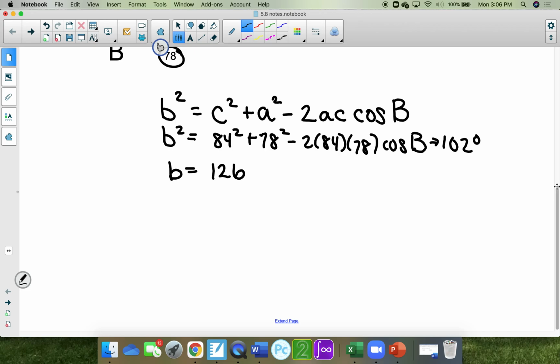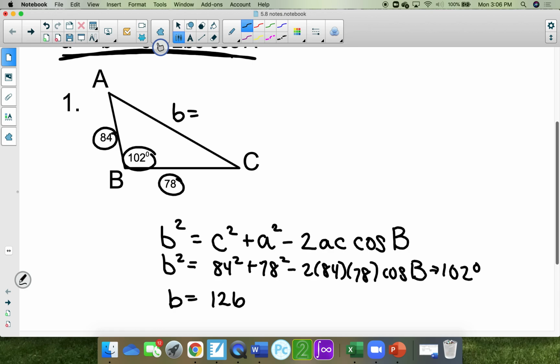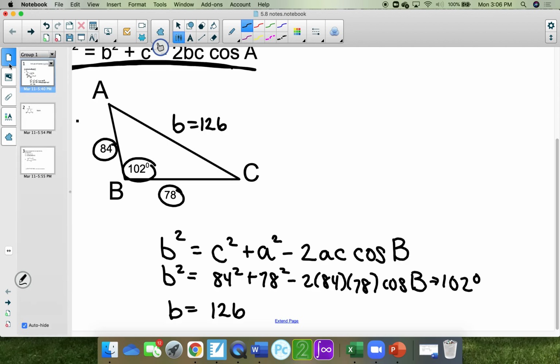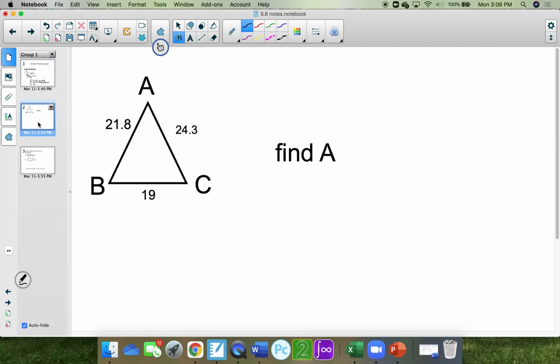And then once you find that, you know that this is 126. Now I'm going to find the angle. That's how to find the side. How do you find the angle?